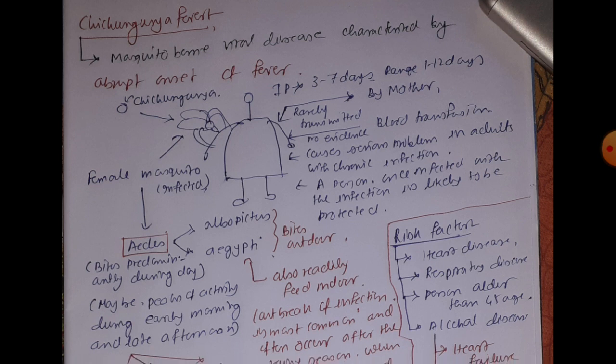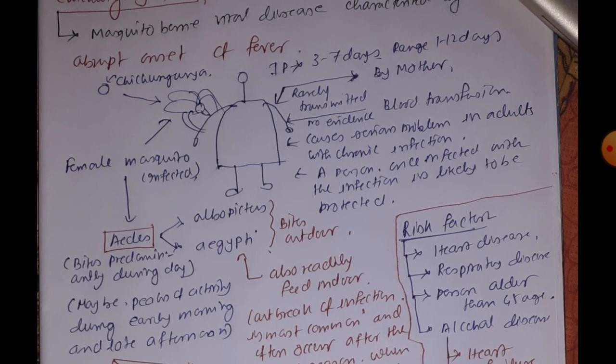The incubation period of chikungunya virus is mainly 3 to 7 days, within a range of 1 to 12 days. In most cases it may cause serious problems to adults who have developed chronic disease. Another important thing I need to mention: once chikungunya virus infects a person, the person is likely never to be infected by chikungunya again.